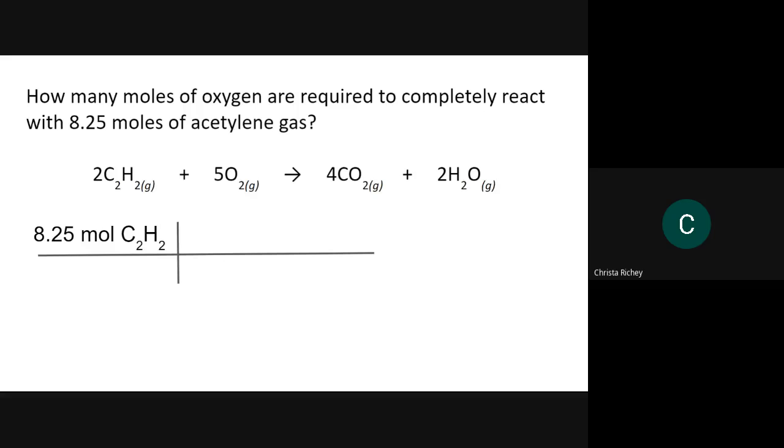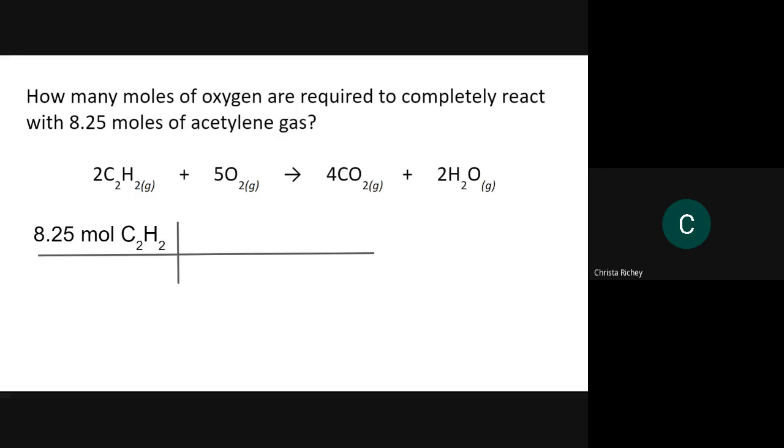So I'm starting off with 8.25 moles of the acetylene gas. I don't care what I'm asking you to convert. What should go down in the next step? Whatever the unit is, take off the number.